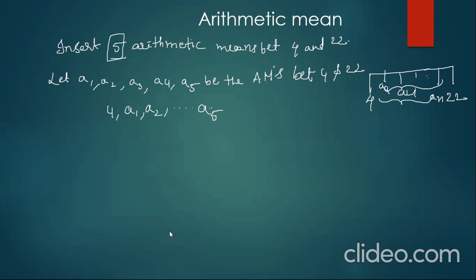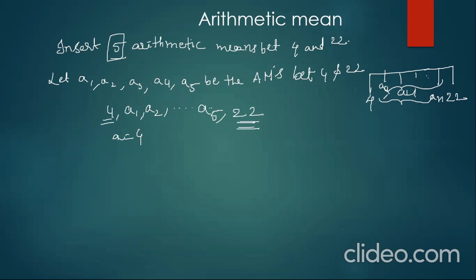You have to insert these, with 4 first and the next one is 22, the last one. Now you are inserting the arithmetic means. Here A is 4, correct? Do you know D? We don't know D, right? And what will be this term?